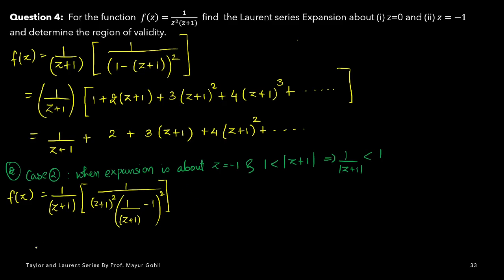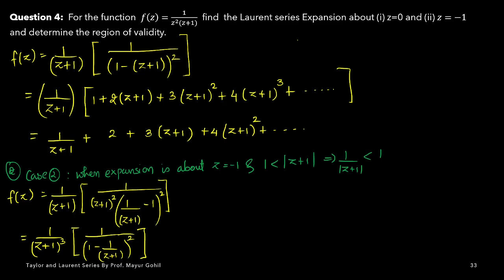So what happens further, it will be 1 upon z plus 1 the whole cube, and later on here I will have 1 minus 1 upon z plus 1. This is the center, we keep it unmoved. Z plus 1 is due to the center which we cannot change.